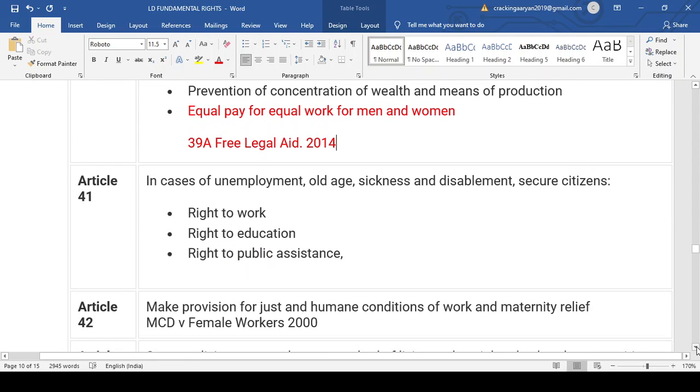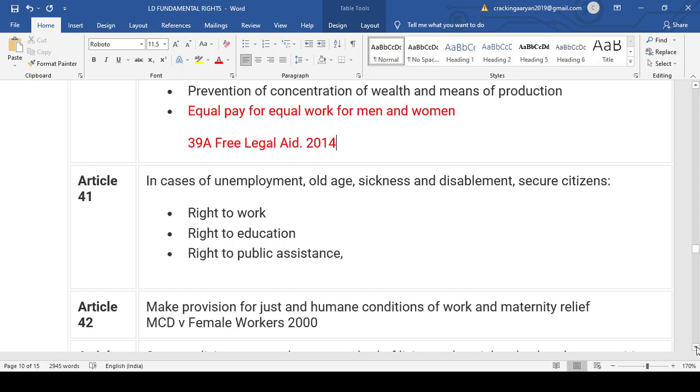This is the article which is related to the right to work, education, and to public assistance in certain cases. What does it say? That the state shall, within the limit of its economic capacity and development, make effective provision for securing the right to work, to education, and to public assistance in case of unemployment, old age, sickness, disablement, and in other cases of undeserved want.